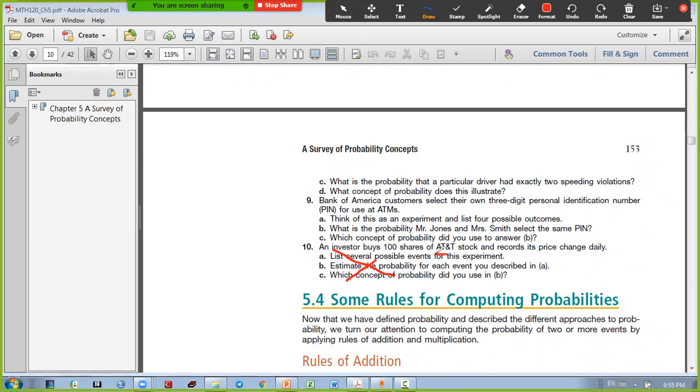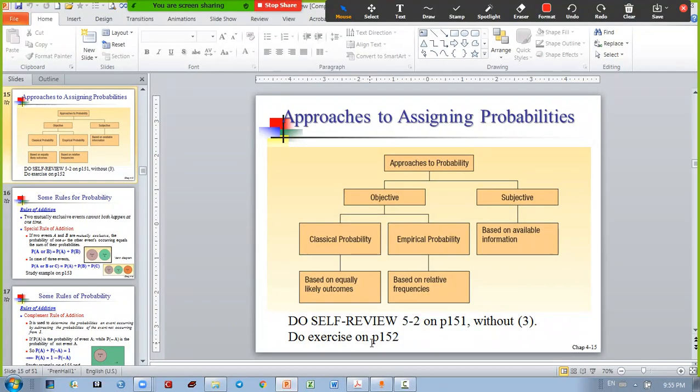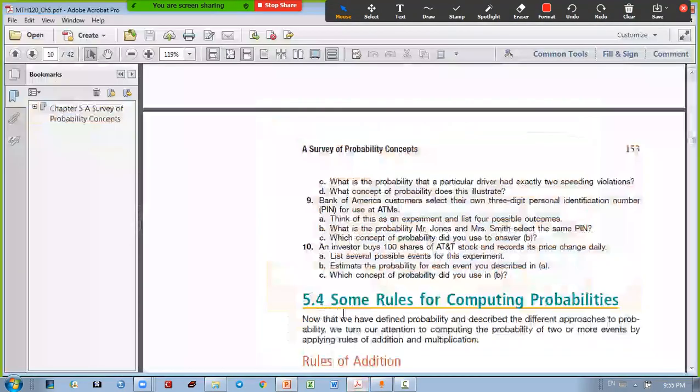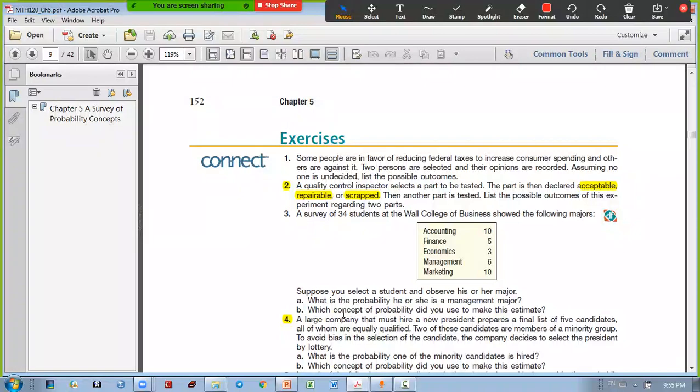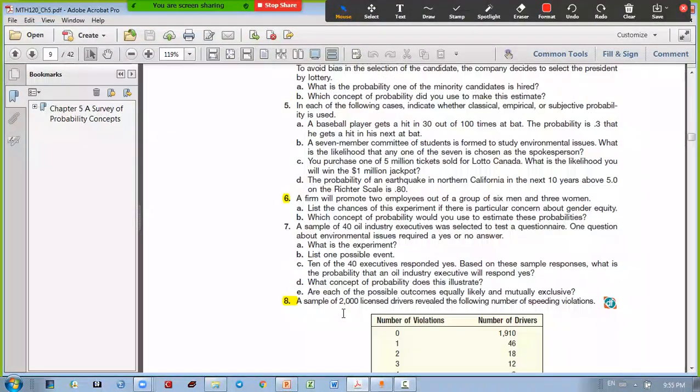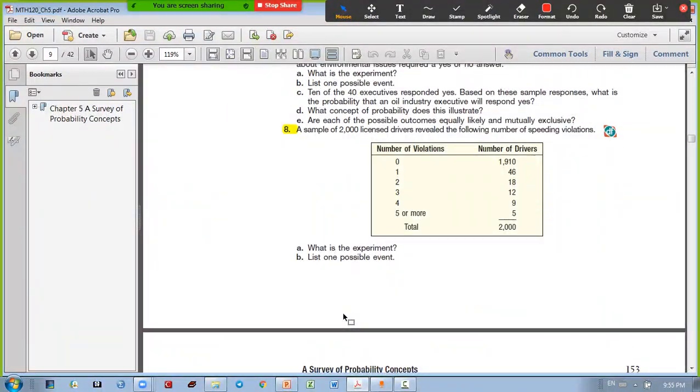Because we don't know this AT&T stock for sure. That's why it's better not to do this one. So homework on page 152 you need to do is number 2, number 4, number 6, number 8.